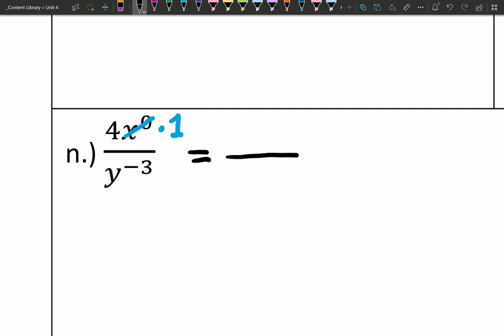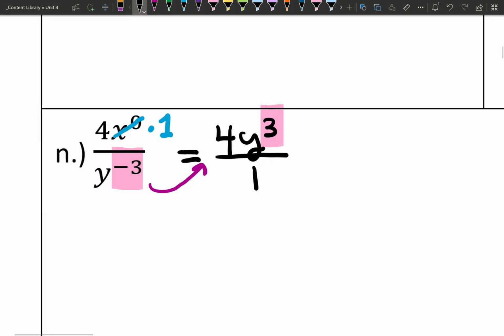I'm just preparing it for myself. Y to the negative third, that's a negative exponent. I know I'm going to have to put it up top. Now, on top, 4 times 1 is 4. I'm just combining my numbers. And then I have y to the power of positive 3. There's nothing left on the bottom, so we're going to write a 1.